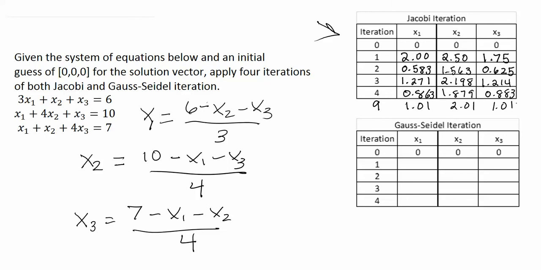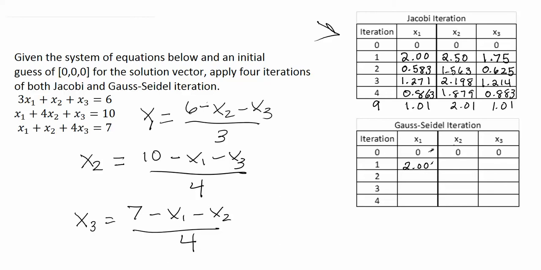It starts out the same, but very quickly it's different. When we go with Gauss-Seidel, we start off the same. Apply equation 1. So we have 6 minus 0 over 3 for 2.00. Now we apply equation 2. In the last application we said 10 minus 0 over 4, but this time, instead of going back and using the old information on x2, I'm going to use this updated value.